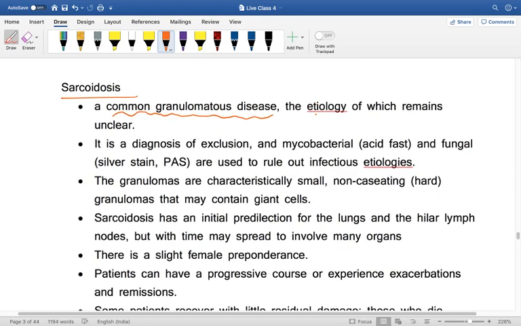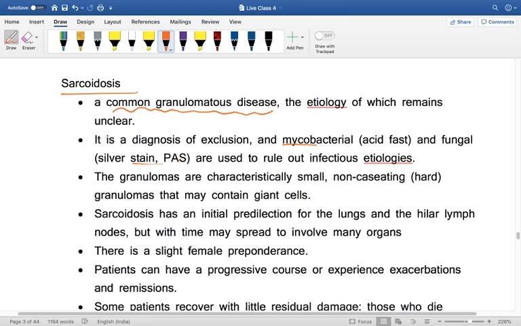If it is a caseating granuloma, good news, because TB is very easy to treat. So mycobacterial, fungal, anything can lead to that kind of lymphadenopathy. Right, doc?